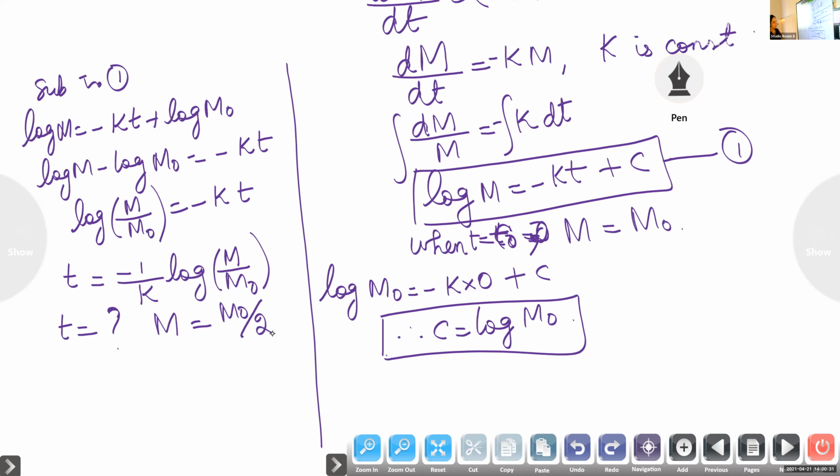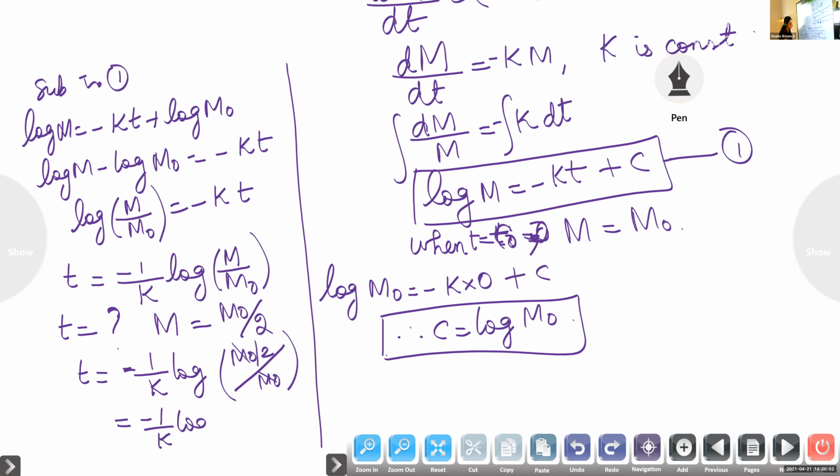So when we substitute it here, t is minus 1 by k log of m naught by 2 by m naught. M naught will get cancelled. We'll get minus 1 by k log of 1 by 2. Is it okay?